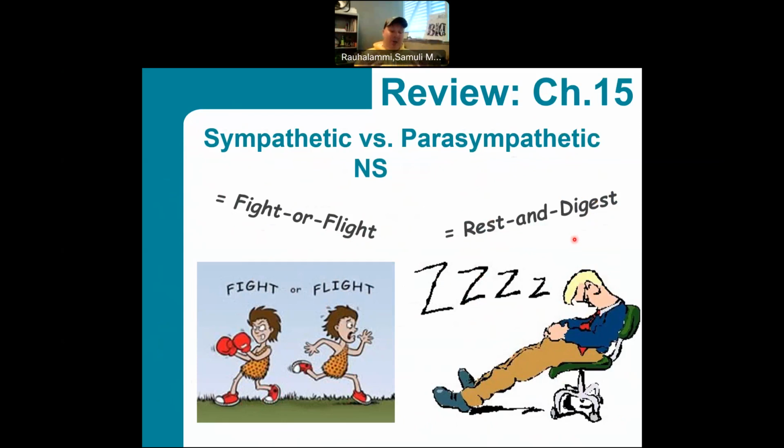So, for example, your heart rate probably is going to be lower, breathing rate lower. Blood actually gets directed to the abdominal area where we're doing that digestion at the intestines, and we want to capture the nutrients and energy from these products that our digestive system is working through. The other system that's going to be highly active is your urinary system.